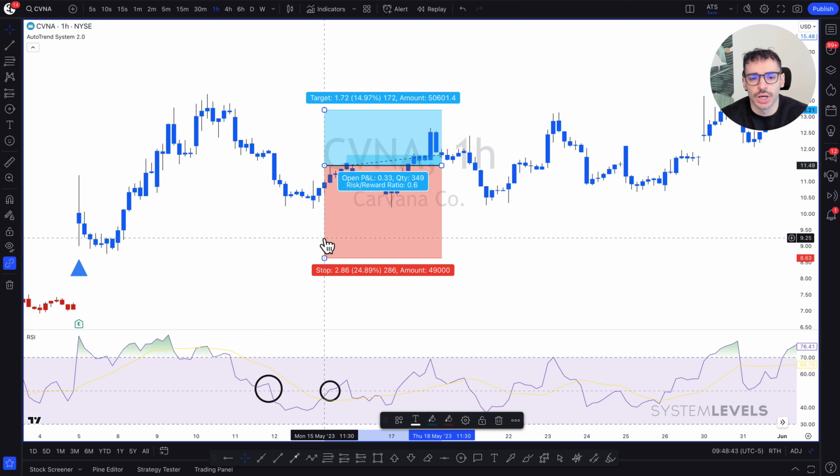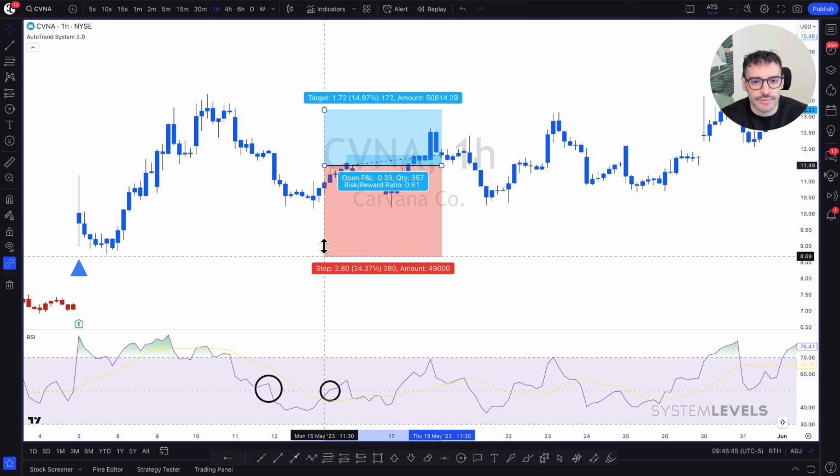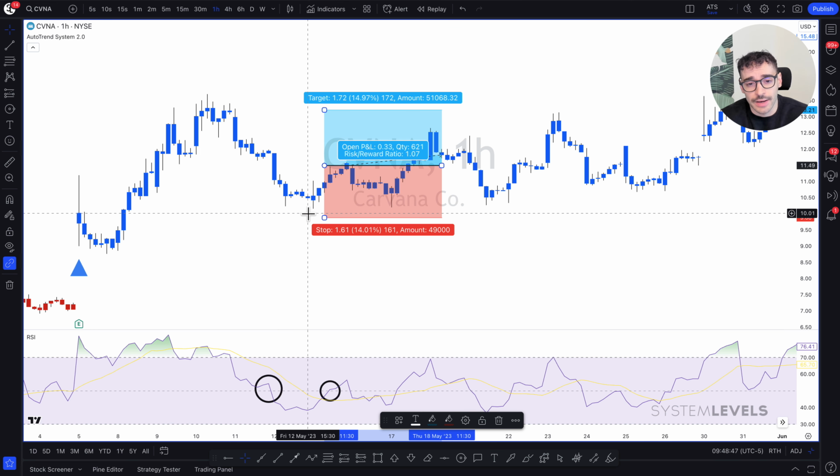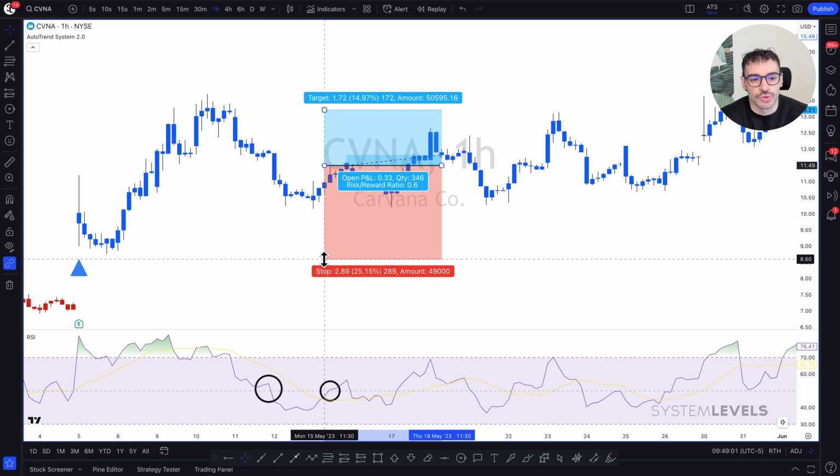If you prefer to be a little bit more aggressive and you want to place it behind the latest swing low, you can do that. But I would suggest that you go in with smaller size to account for that increased risk. My stop loss would go here.